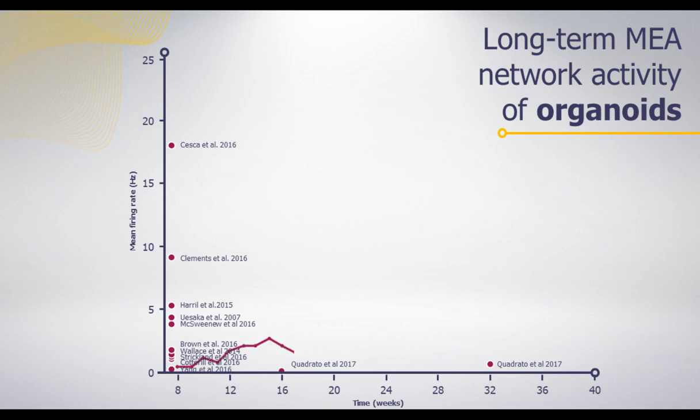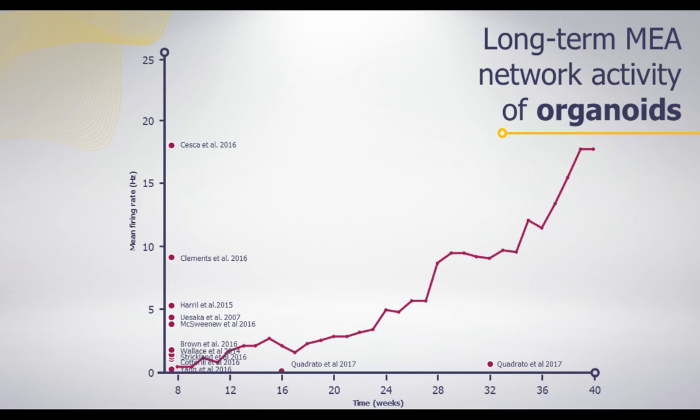So to our surprise, what we see is that at 16 hertz with our brain organoid model, you already see a very high level of activity compared to most of the 2D monolayer cultures we had in the past. I'm plotting in this graphic an average of 8 organoids that were measured weekly over the course of 40 weeks.